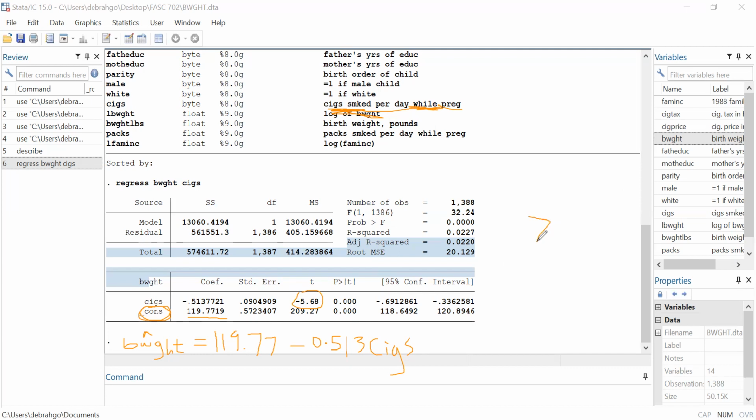If you were to go on the table to read the t at alpha 5%, you get 1.96. The critical value will be 1.96 at the 5% alpha level. So this t calculated, its absolute value is greater than the table value of the t. Therefore, we reject the null hypothesis and conclude that this variable cigarette is statistically significant.